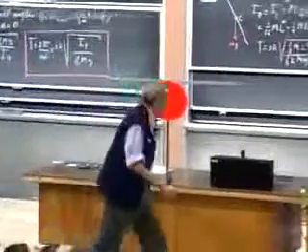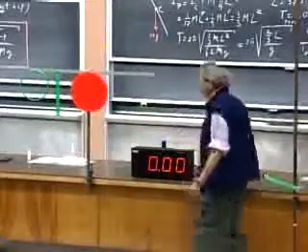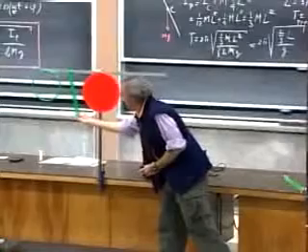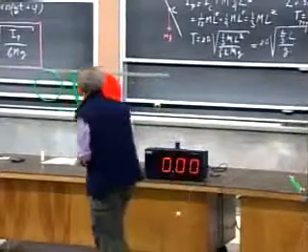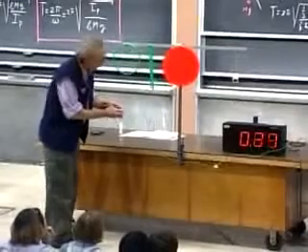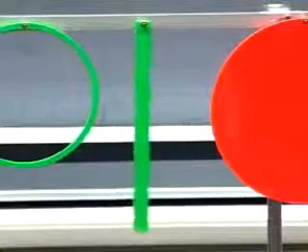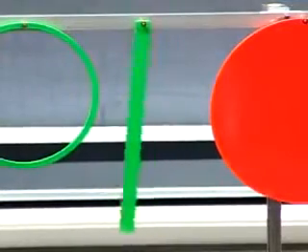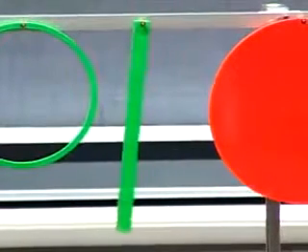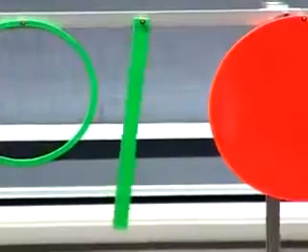So here's the rod. Turn this on, the timer. We'll offset the rod, and I will start it when it stops somewhere. Now, 1, 2, 3, 4, 5, 6, 7, 8, 9, 10.